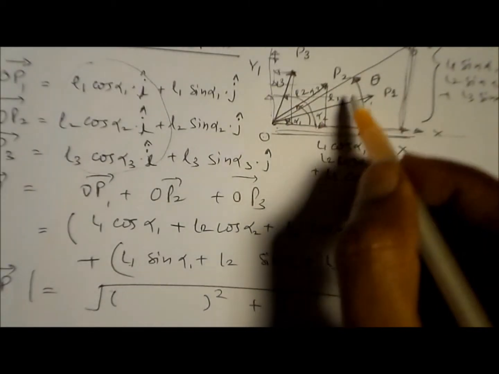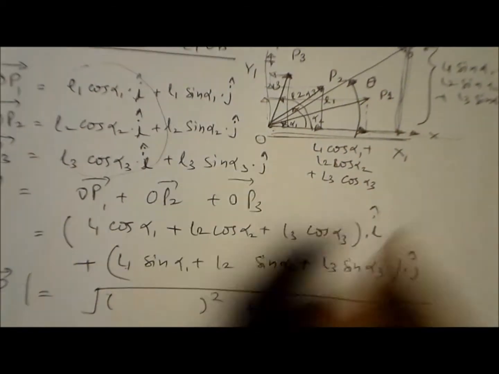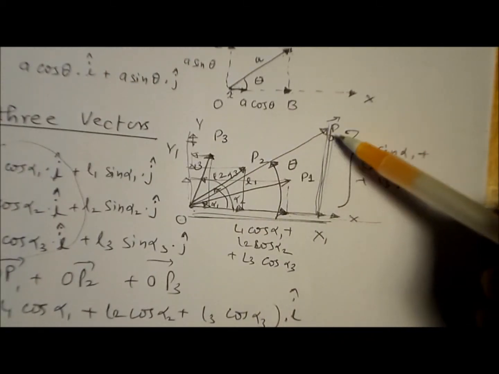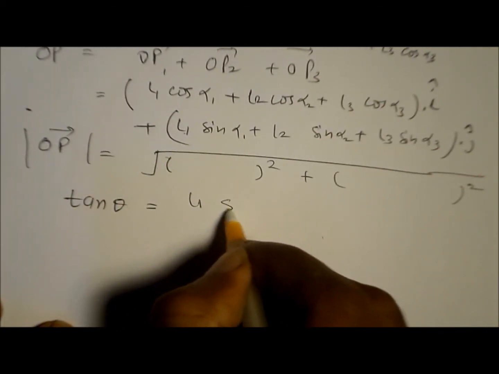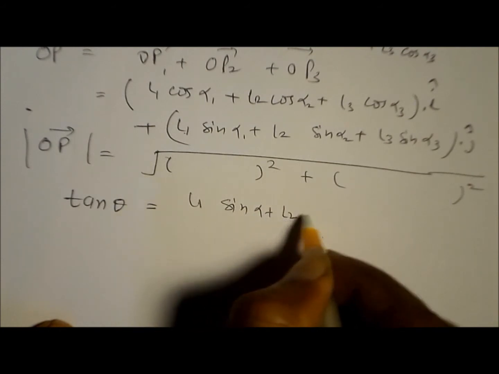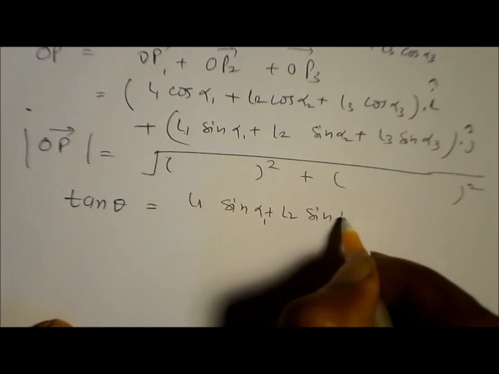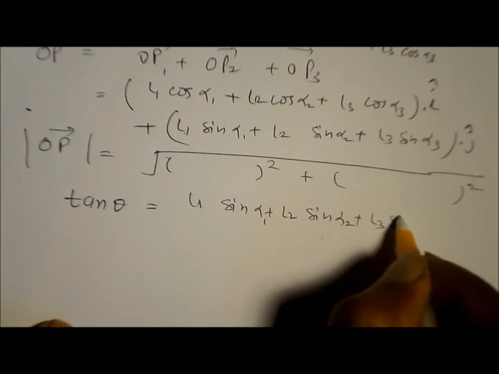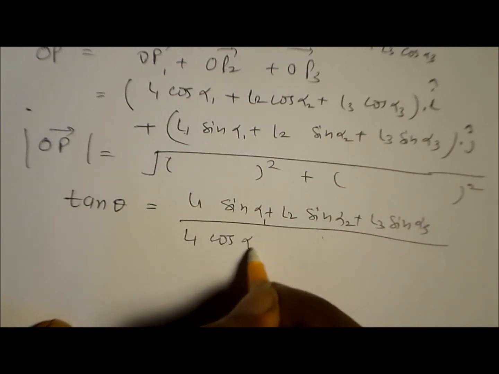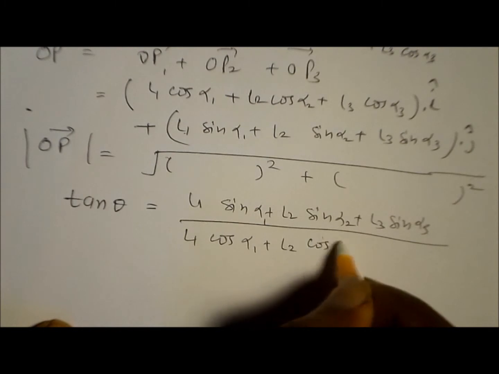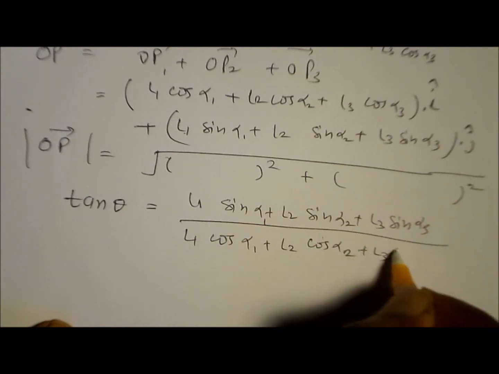And the tangent of this angle theta is given by this distance divided by this distance, or L1 sin alpha 1 plus L2 sin alpha 2 plus L3 sin alpha 3 divided by L1 cos alpha 1 plus L2 cos alpha 2 plus L3 cos alpha 3.